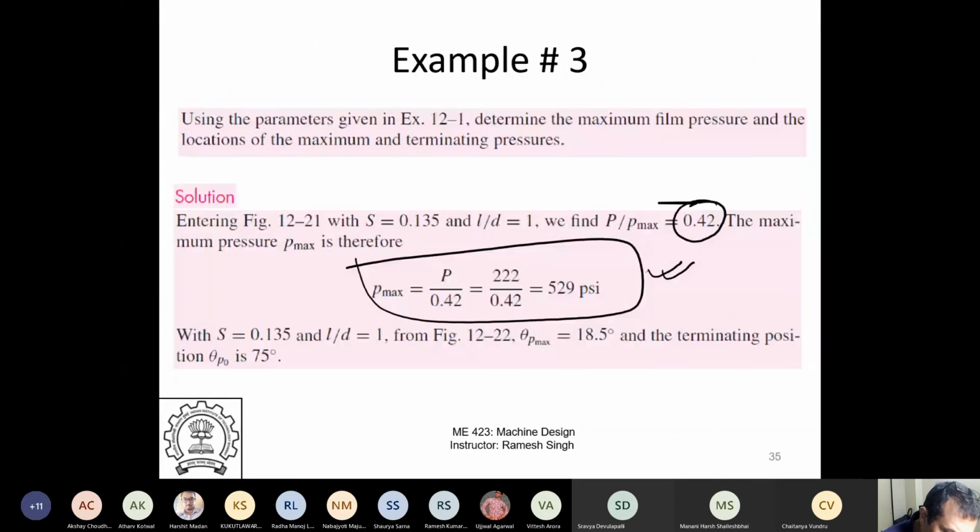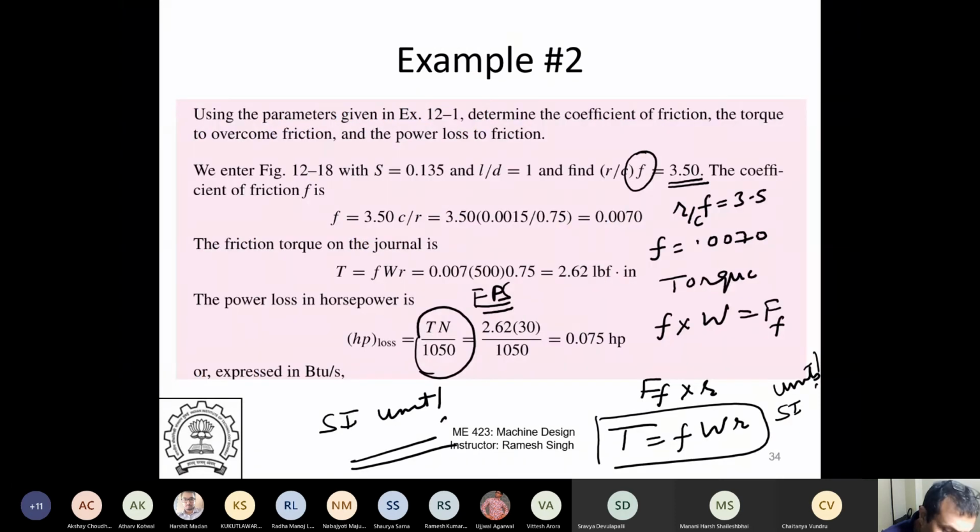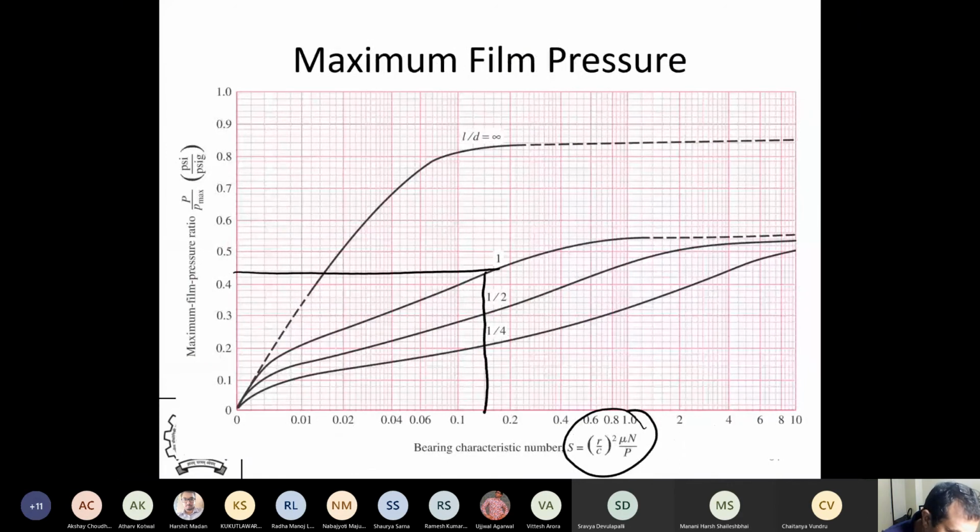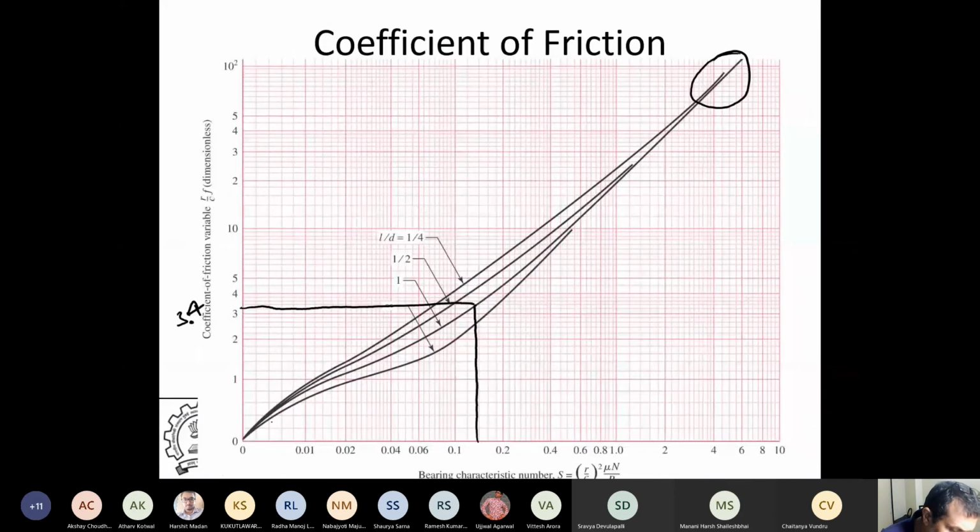Okay, looks like that chart is not there. 12.22. I may have it somewhere. Okay, sorry, looks like it is not there.